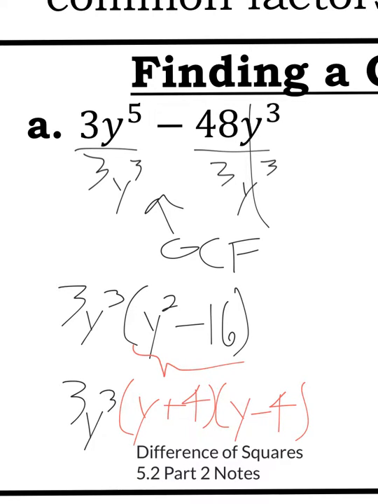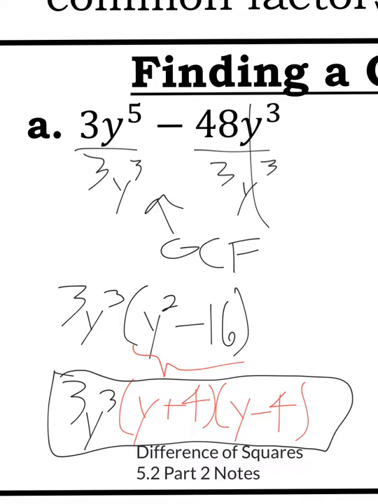And that pattern is basically just take the square root of each number if you recognize that they're both perfect squares. y squared, of course, is a perfect square, but 16 is a perfect square. So the square root of 16 is 4, make one plus, make one minus, and that's the difference of squares pattern right there. So this would be my final answer right here.